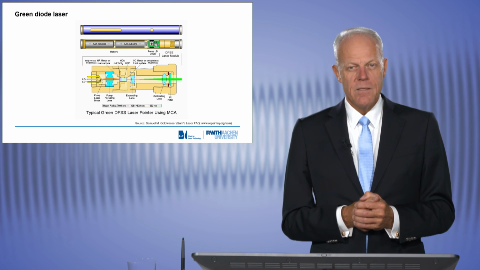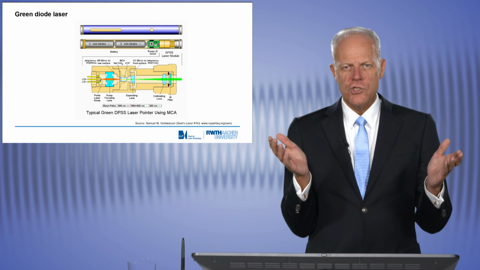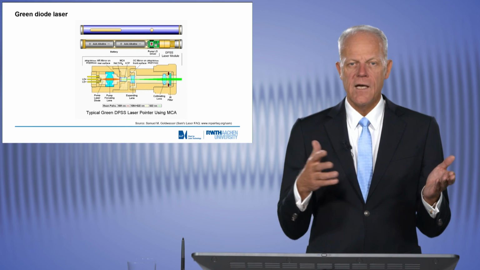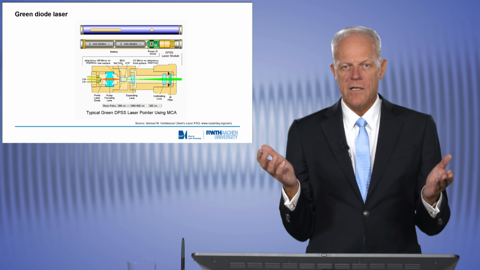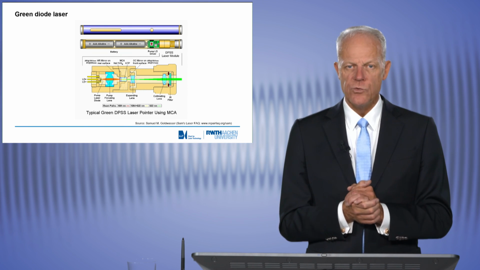So we are able to cover a huge range of frequencies from the ultraviolet all the way into the far infrared, 10 microns, 20 microns, depending on the nonlinear crystals that we use for the conversion.